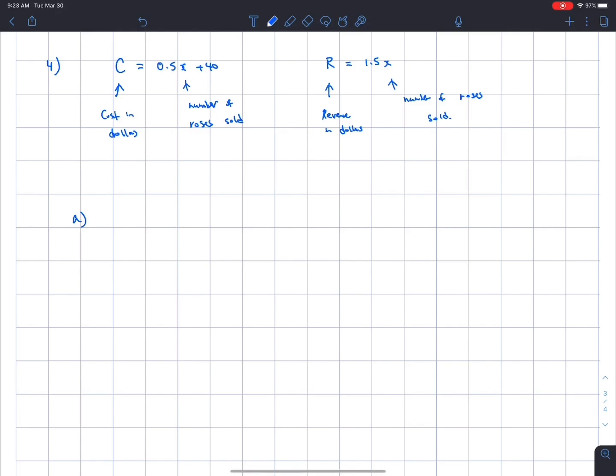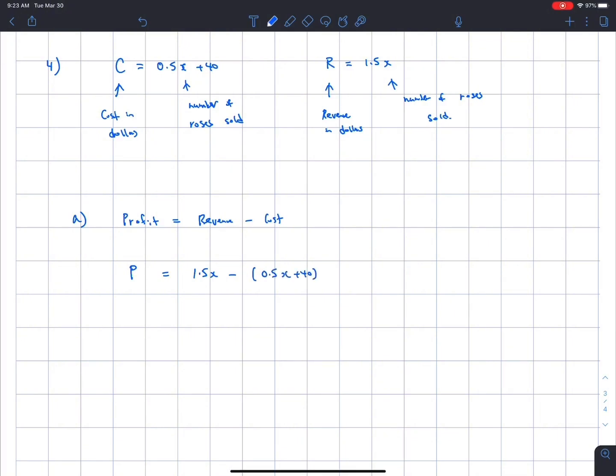In A, they want us to find the equation of P. In the question, we were told that profit equals the revenue minus cost. So P equals revenue, which is 1.5x, minus the cost, which is 0.5x plus 40.